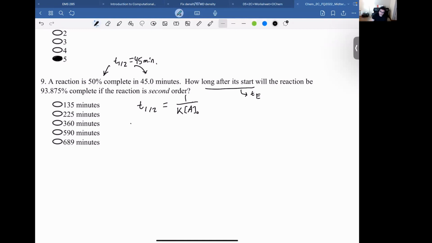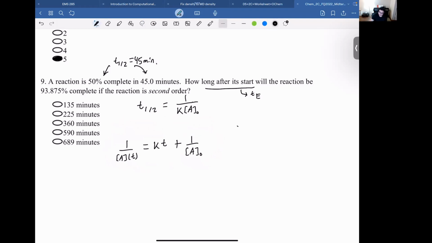Now I am going to write the integrated rate law. I'm going to write the general form first, so we're all on the same page. So that's what it is. Now, the second part: from what they're telling me, it's 93.875% complete.